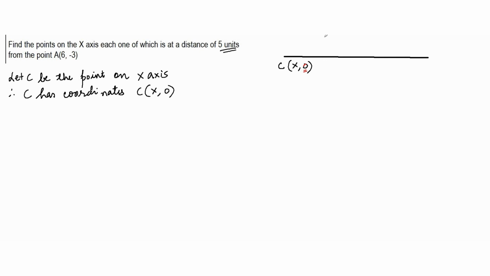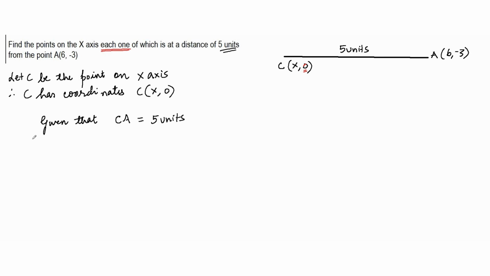And this particular point is going to be at a distance of 5 units from the point A of (6, −3). Now, if you read the question carefully, they are saying find the points on x-axis, each one of which is at a given distance. That means there are more than one points according to the question. But right now, let us assume that there is just one particular point C, which is at a distance of 5 units from the point A. So now I can say that it is given that the length of CA is 5 units.